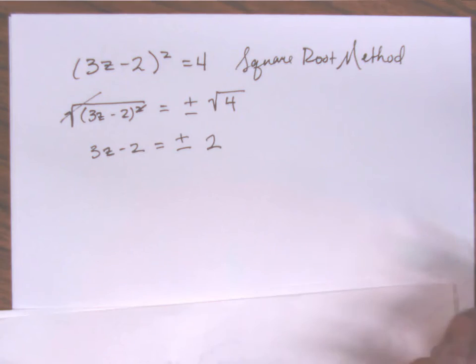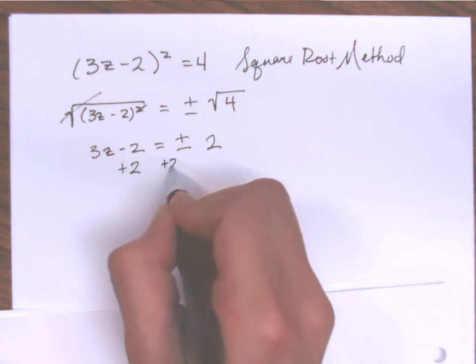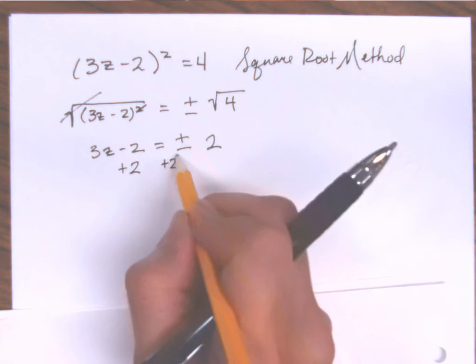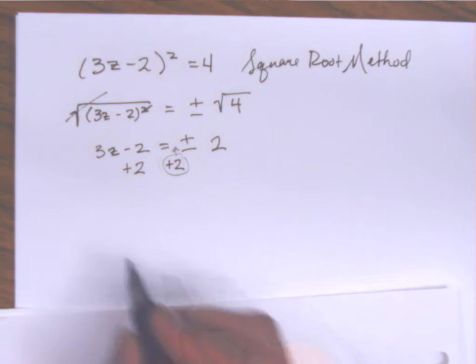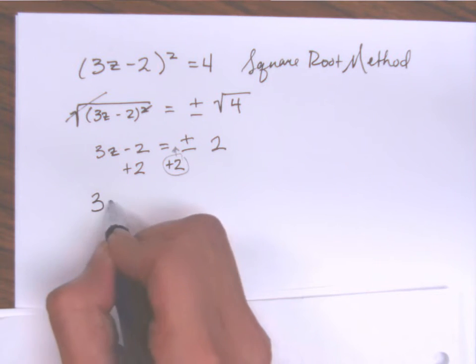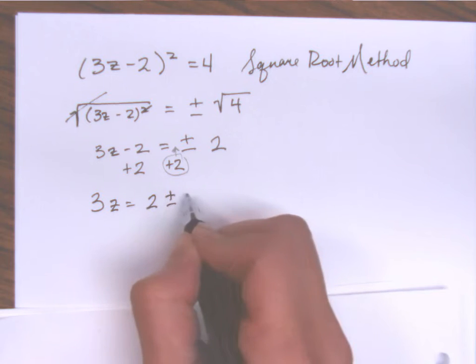So I need to move everything away from z. So I'm going to take this 2 and add it to both sides. Once again, this 2 I'm going to place in front of my plus or minus sign. So I have 3z equals positive 2 plus or minus 2.